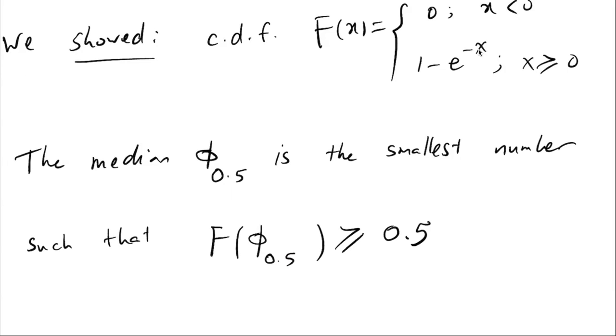In this case, the smallest such number would occur if capital F of that number is equal to 0.5.